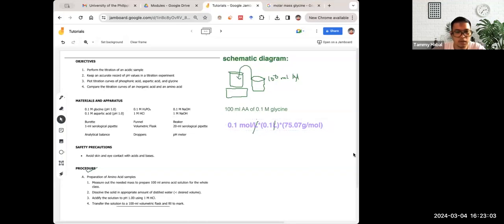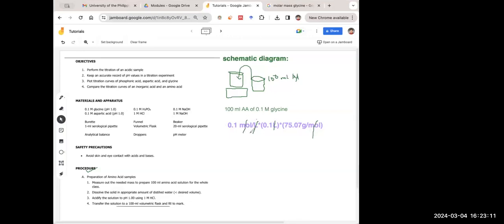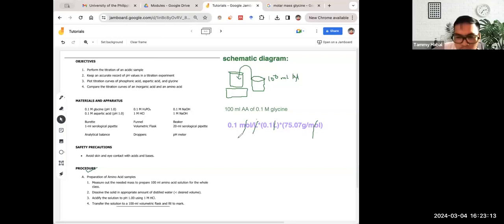What happens is this will cancel out, right? Kasi ito yung nasa taas. Okay, you do the math. 0.1 mole per liter times 0.1 liter.